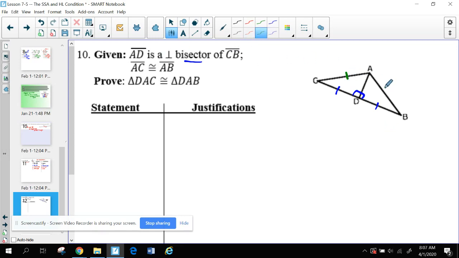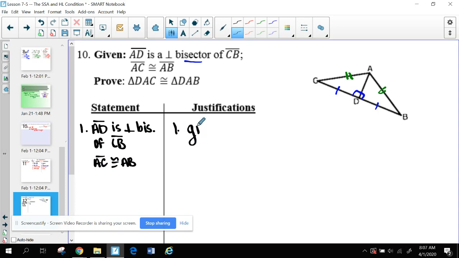So I'm going to go ahead and mark those as well. All right, let's back up and get going on our proof. So first, AD is a perpendicular bisector of CB. We also know that AC is congruent to AB. All of that is our given.